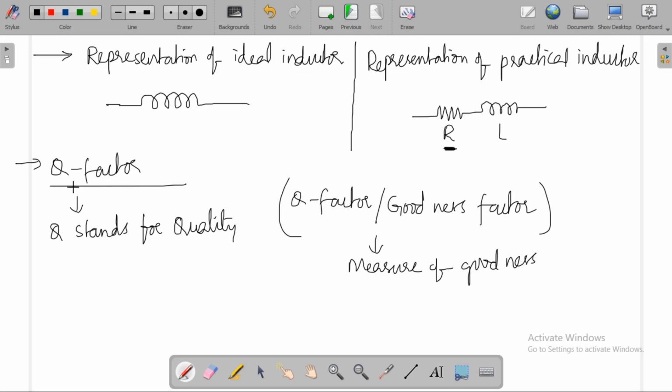Normally, Q factor is used for a practical inductor to check the quality of that practical inductor.